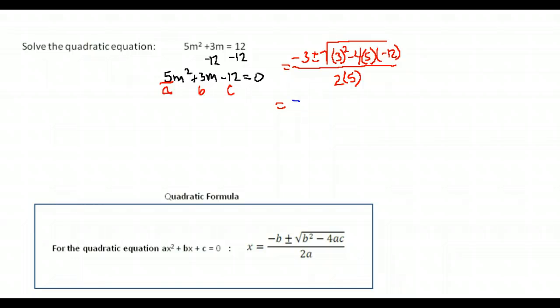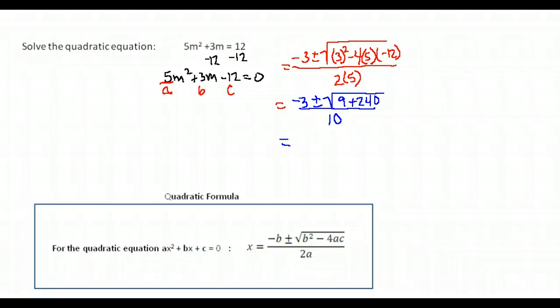And we keep going. We have negative 3 plus or minus 3 squared, which is 9, and negative 4 times 5 times negative 12. Again, watch your sign. Be very careful. This turns out to be a positive 240, all divided by 2 times 5, which is 10.